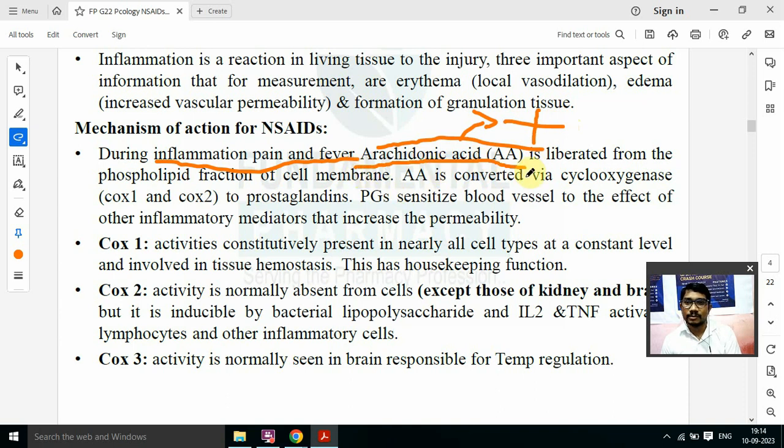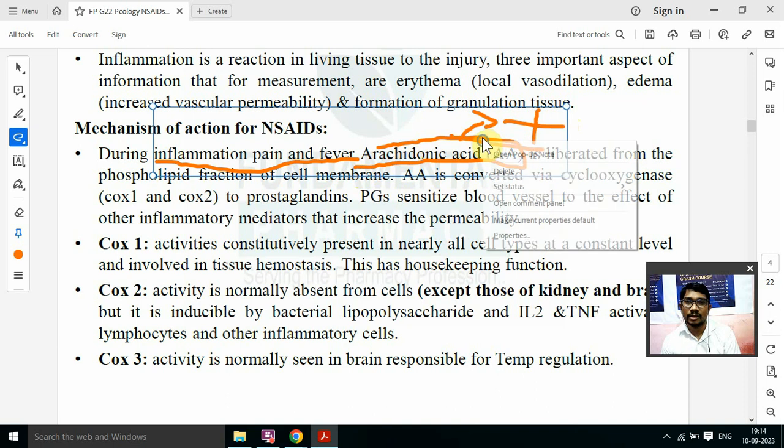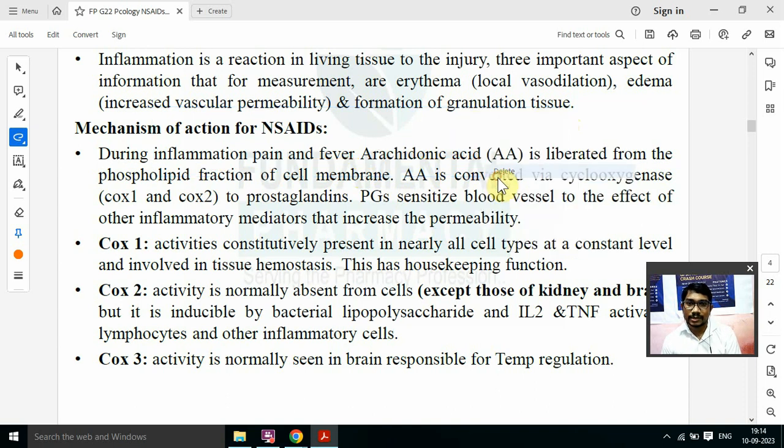Arachidonic acid is a semi-essential fatty acid, because in the body it is formed from linoleic acid. Linoleic acid is essential. Why is arachidonic acid known as semi-essential?